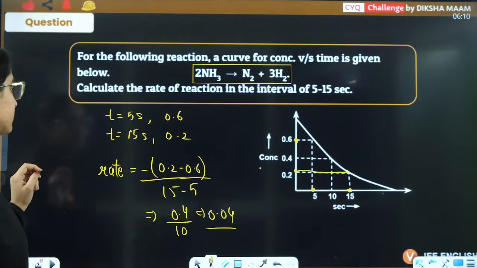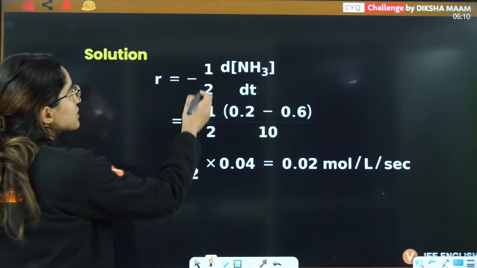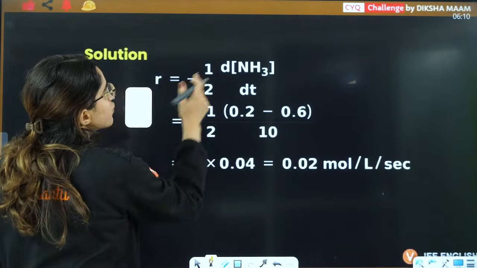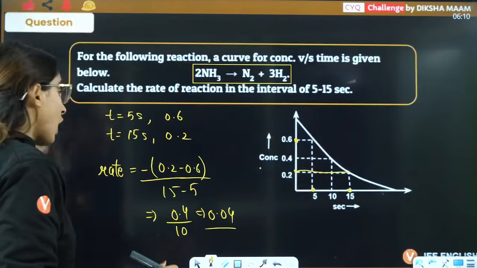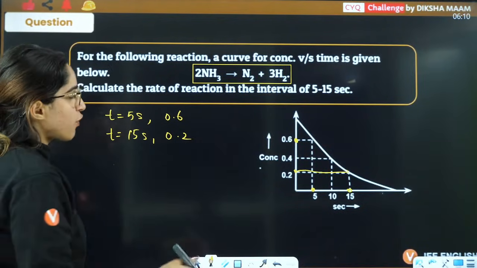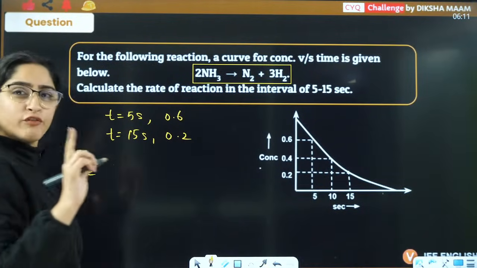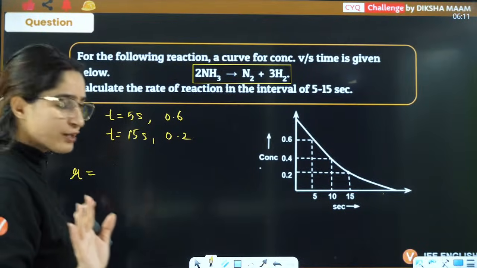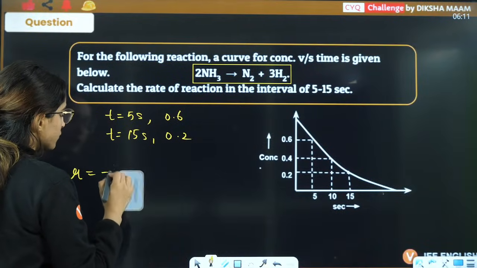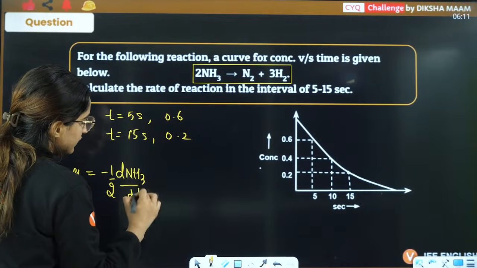One thing you must know is that the rate R is equal to 1 by 2 of dNH3 by dt. Now how do I write the rate in this form? The rate of the reaction in terms of ammonia is minus 1 by 2, the stoichiometry, dNH3 by dt.